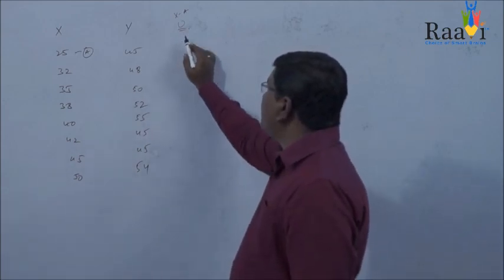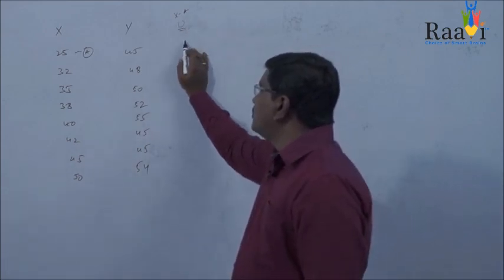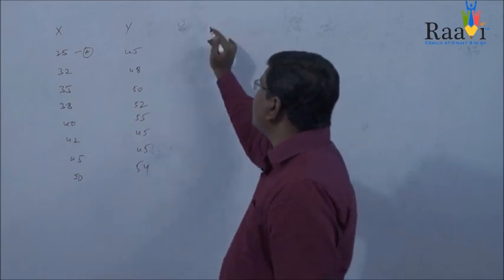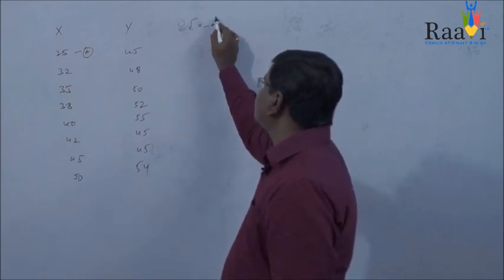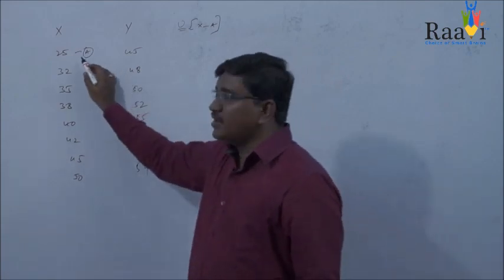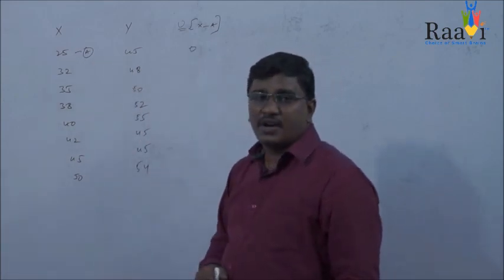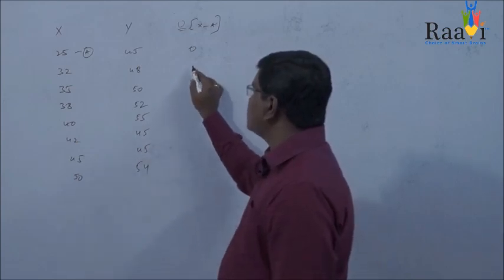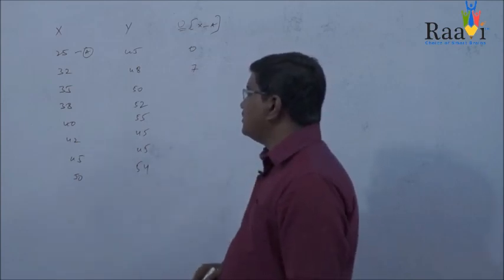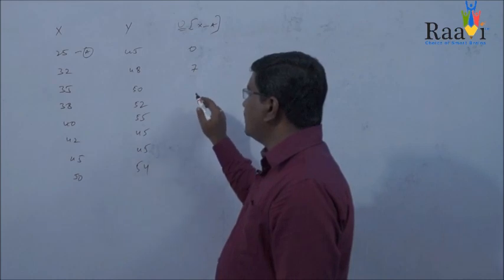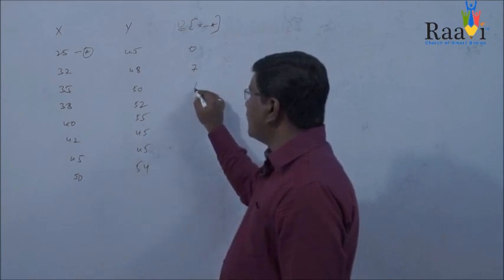Now the U value will be X minus A. 25 minus 25 you will be getting 0. 32 minus 25 you will be getting 7. 35 minus 25 you will be getting 10.